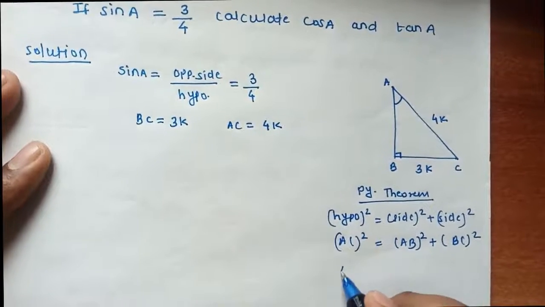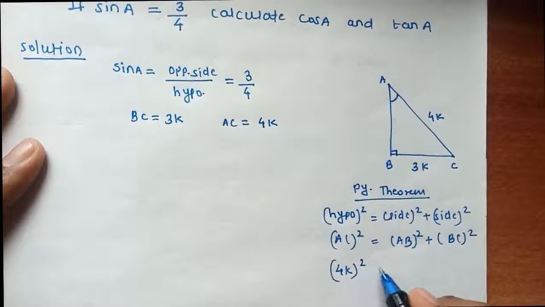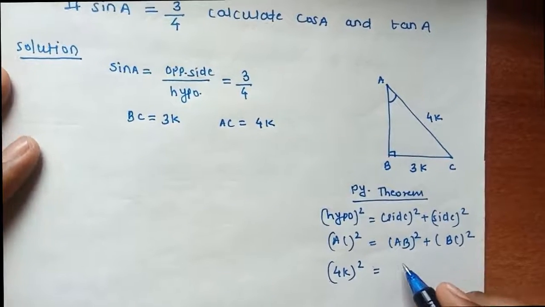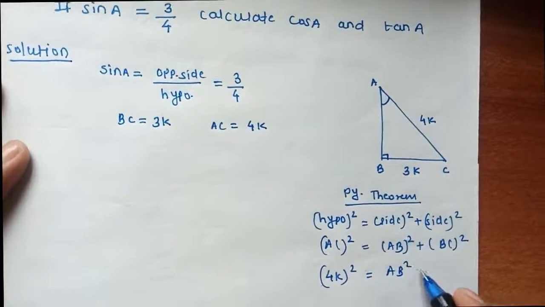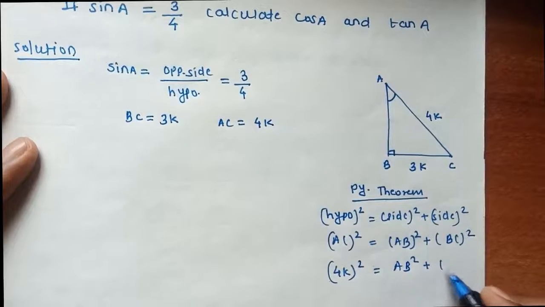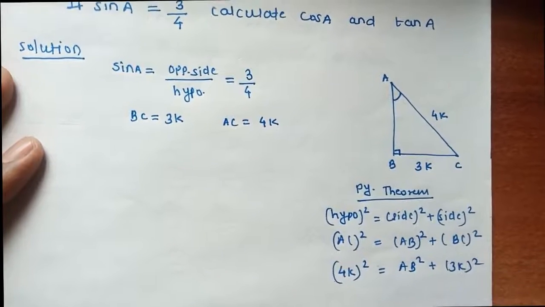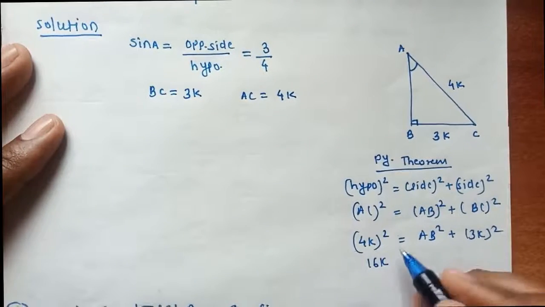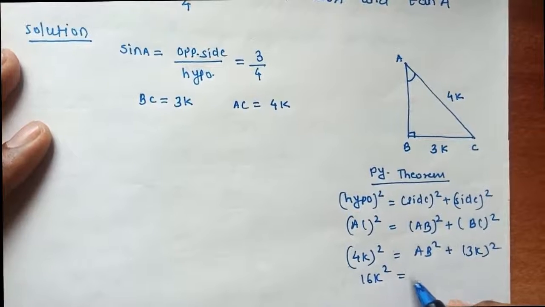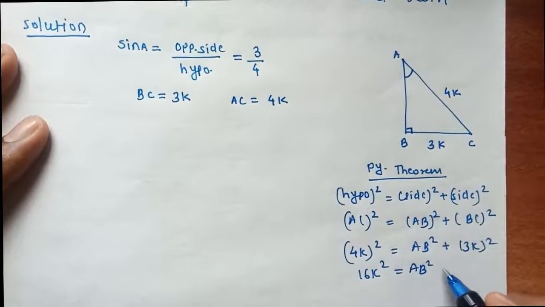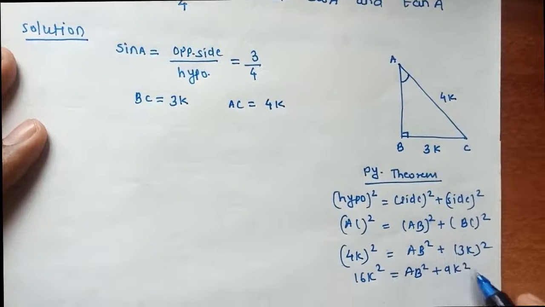So AC is nothing but 4k, so (4k) square is equal to AB, that we have to find out, plus BC is equal to 3k, that square. So it will become 16k square is equal to AB square plus 9k square.